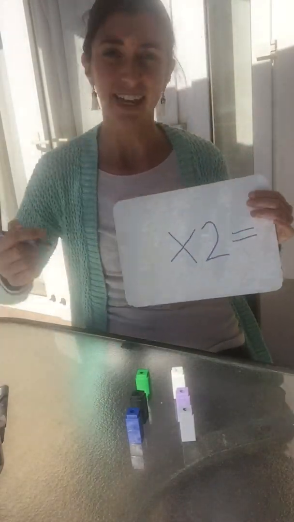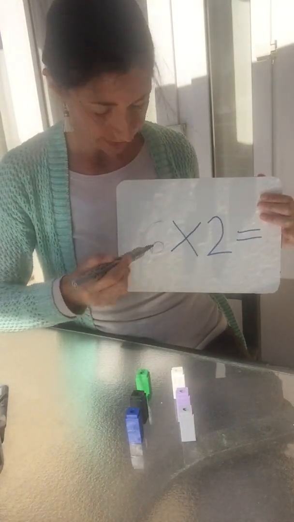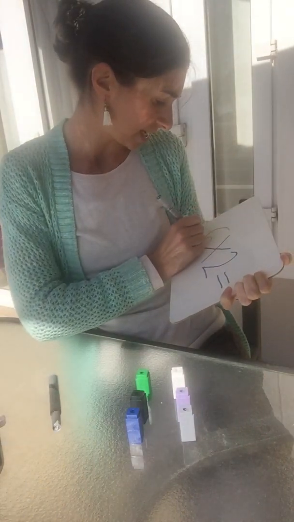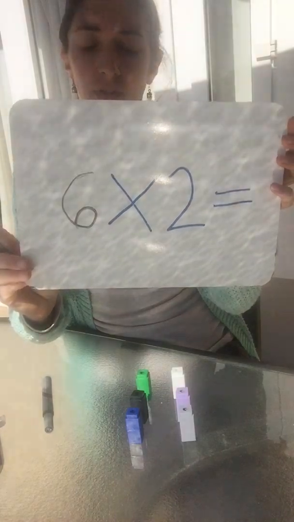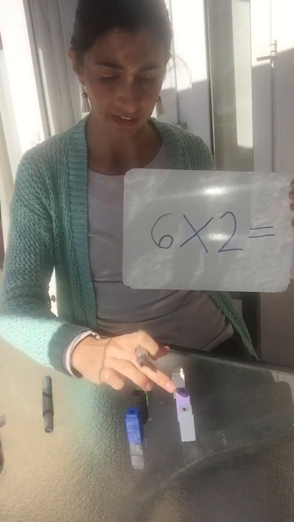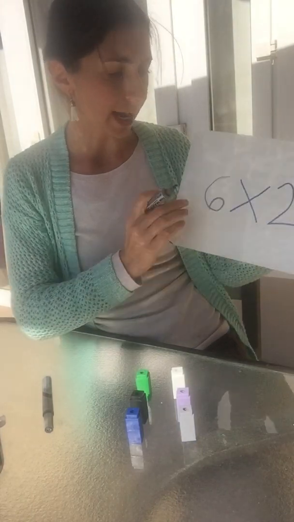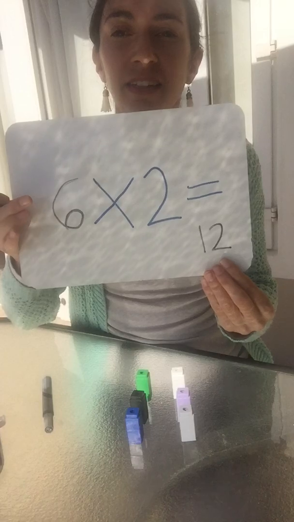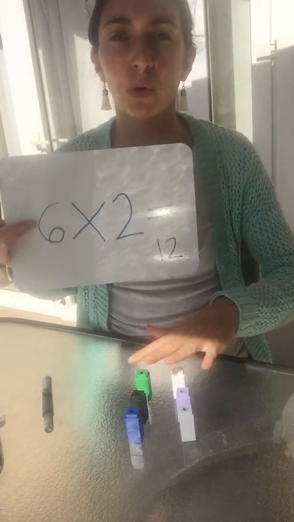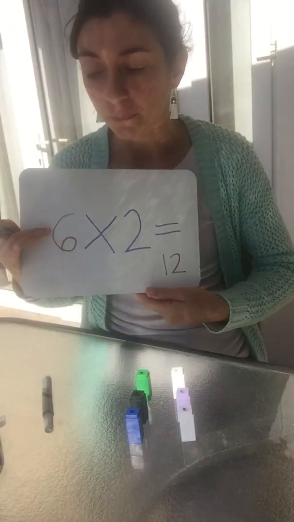So I can say, what times 2? How many groups? 6. Okay, this pen doesn't work too well. 6 groups of 2. Okay, equals what? 2, 4, 6, 8, 10, 12. Alright, so what's special about 6 and 12? Double 6 is 12. So remember, when we're timesing by 2, it's the same as doubling.